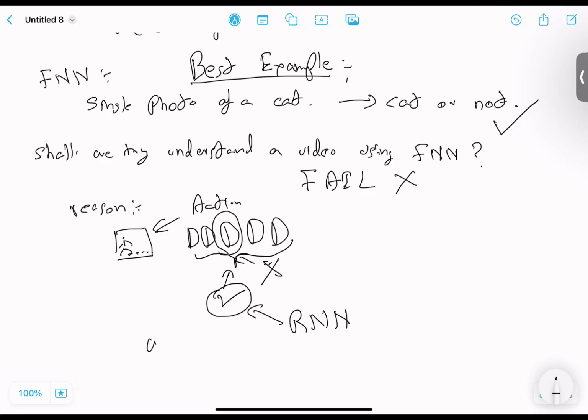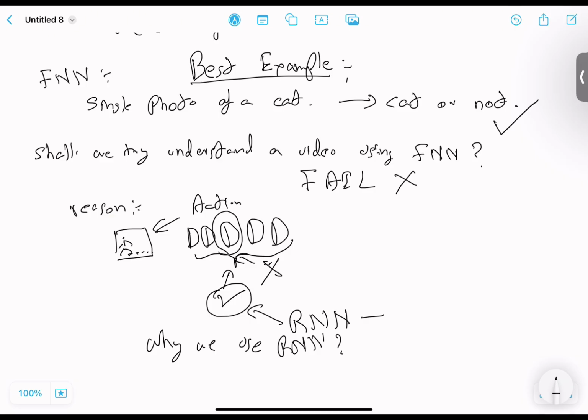So why do we use RNN? The reason is that an RNN processes the frames one by one and keeps a memory of what happened earlier, right?